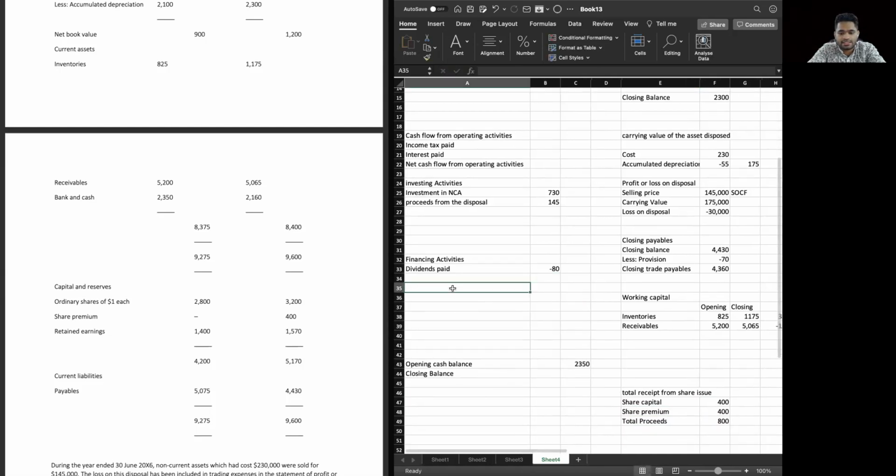Under financing activities, you will have the proceeds from share issue, which is going to be 800.